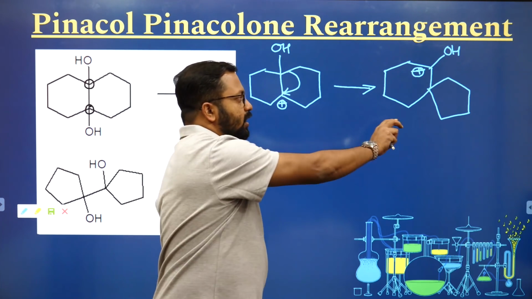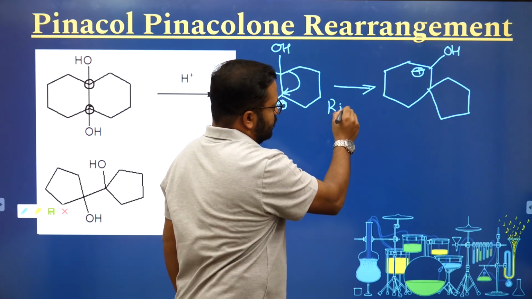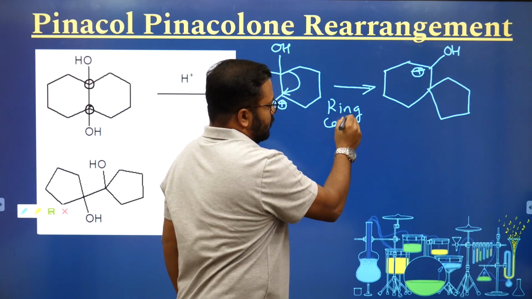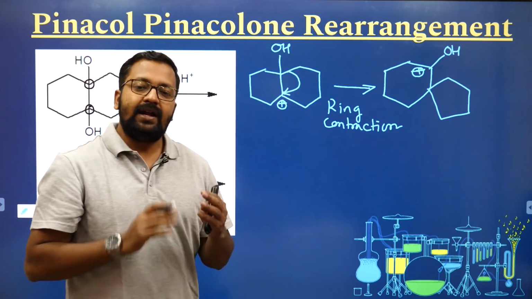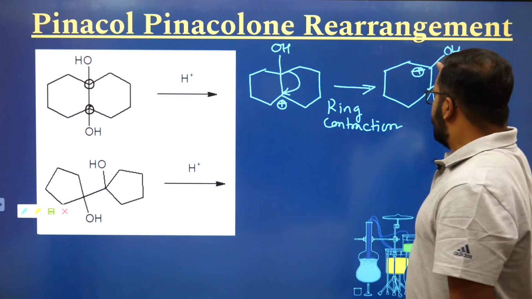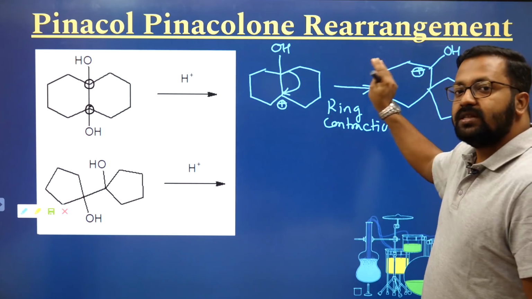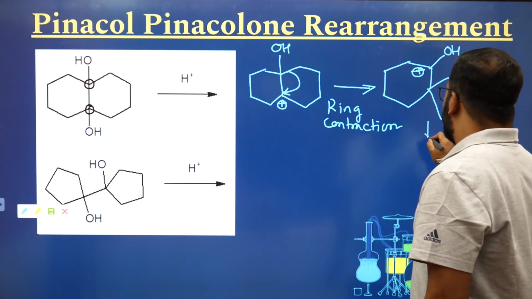So this contraction will take place. So this is ring contraction. Ring contraction can take place if there is a need. Need is that a more stable resonance stabilized carbocation is getting formed. So what will be the product over here?